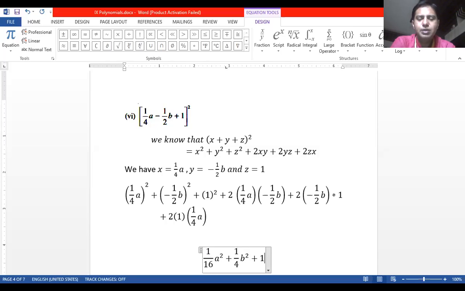Plus this 2 and 4 will get cancelled, so we'll have 1 by 2a. This 2 and 2 will get cancelled, we'll have 1 by 4ab, but it will be of negative sign because b is negative. So this positive will become negative.